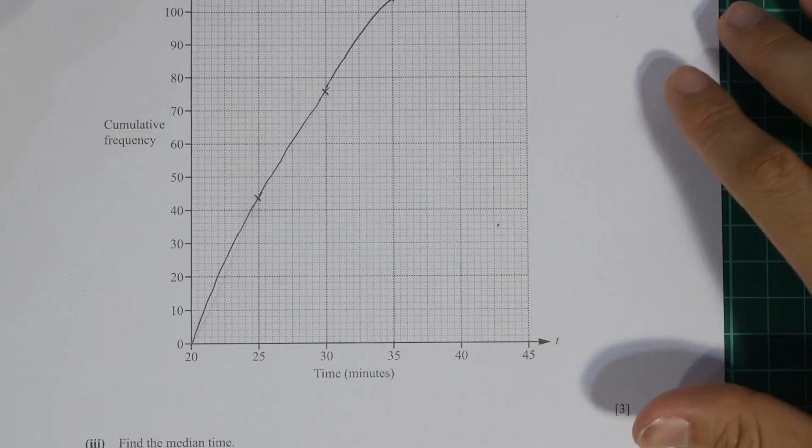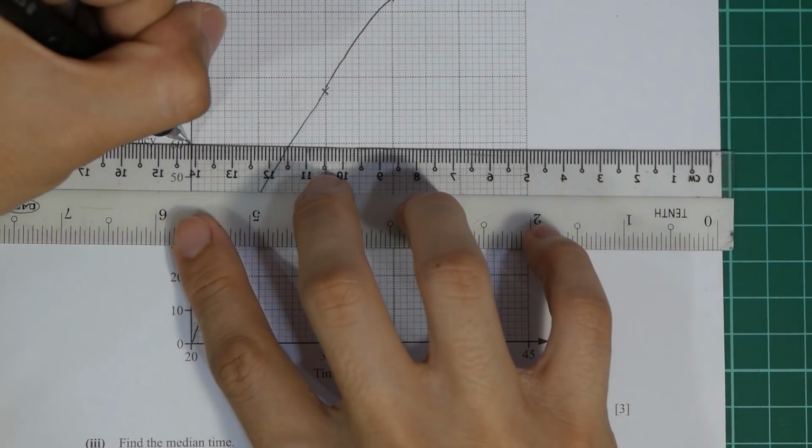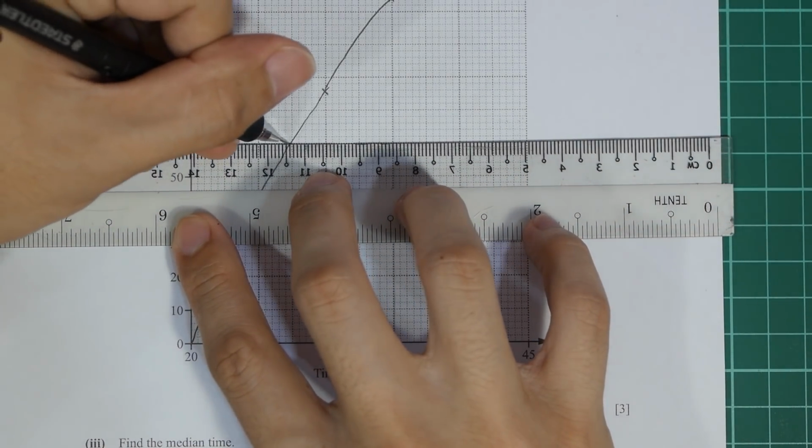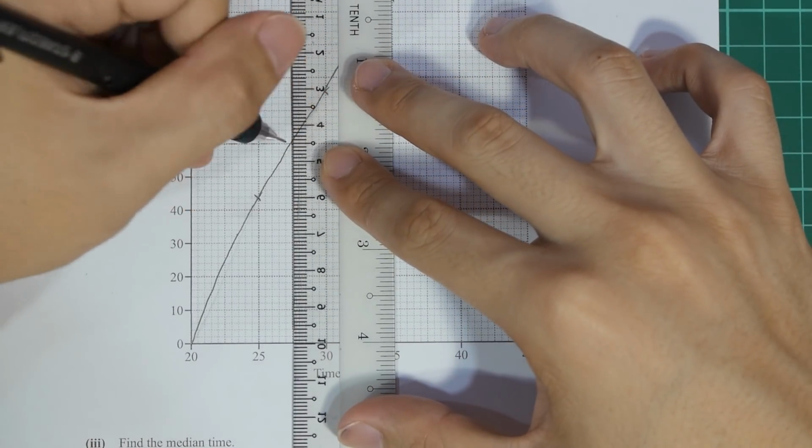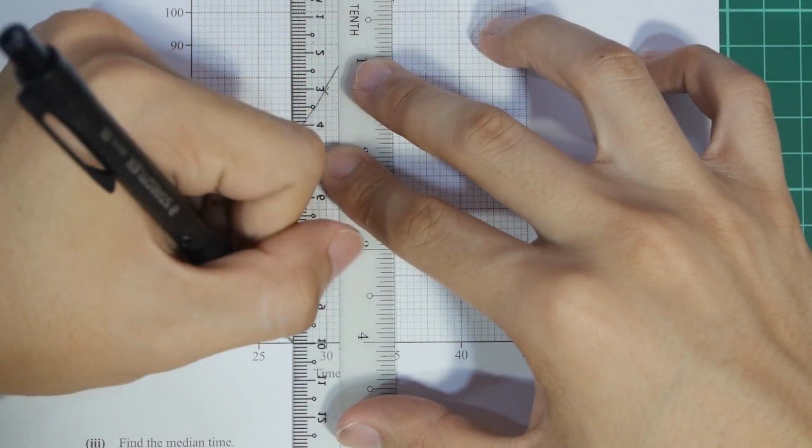For you to find the median time, 120 times 50% equals 60. From 60, you draw it back down, you will get 27.5 minutes.